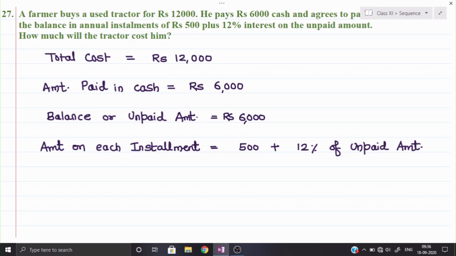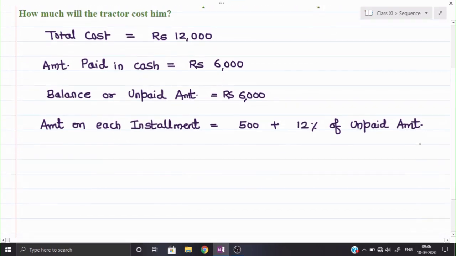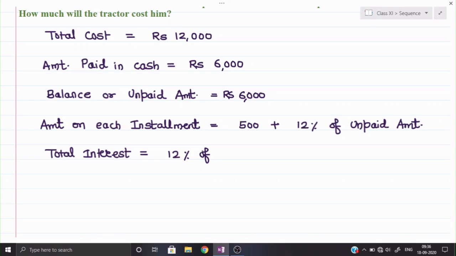Okay, so first you see we shall find out here the interest, how much interest we are going to pay over there. So we can say that total interest is equal to 12% of, see, first of all, the first EMI when he is paying, what is the unpaid amount along with 500 rupees?